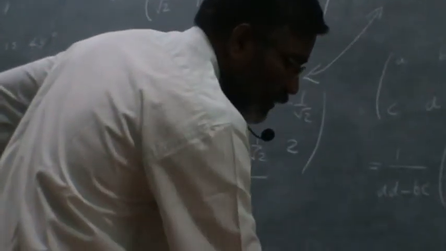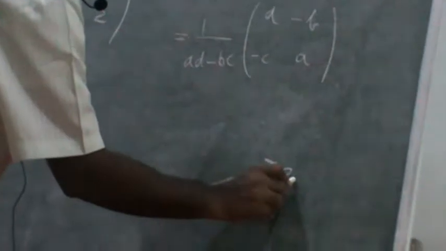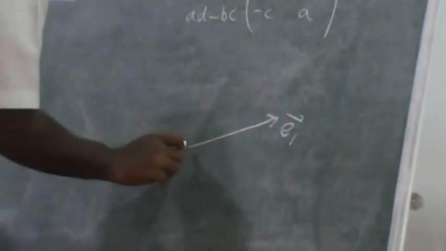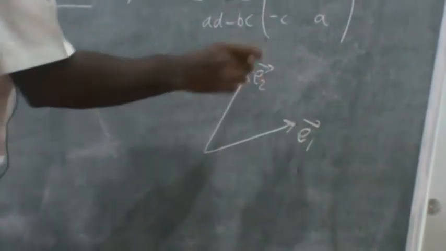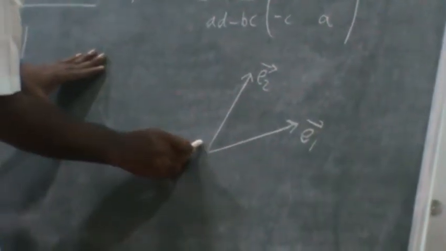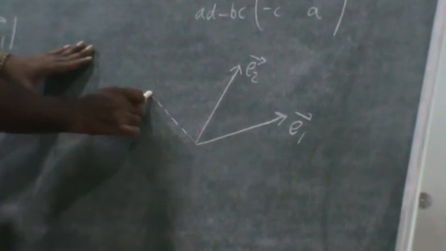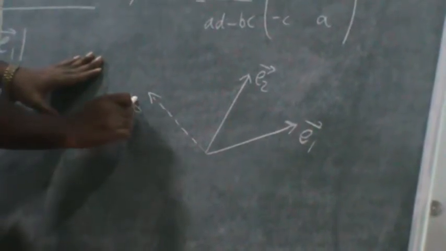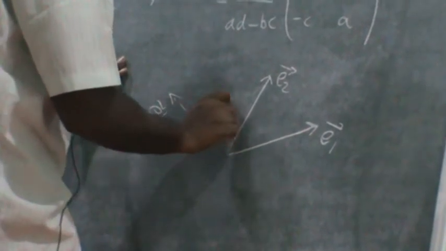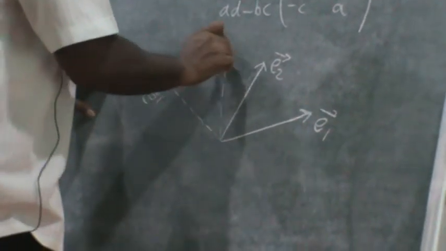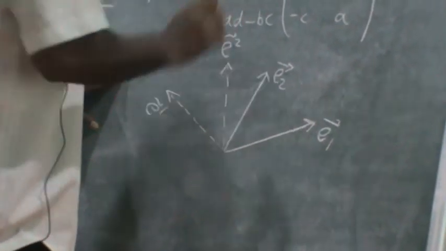So let us keep this diagram here. Let's say this is E1 and this is E2, and this is E1 tilde, this is E2 tilde.